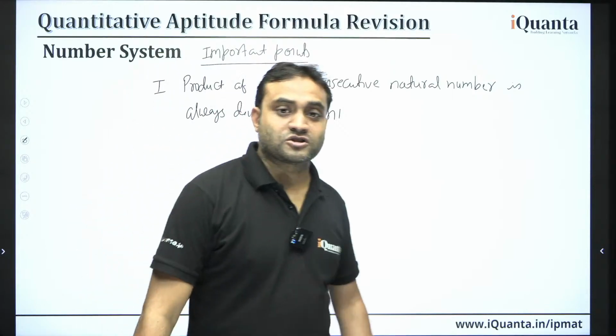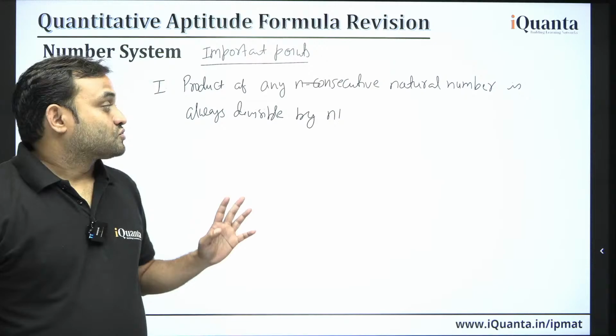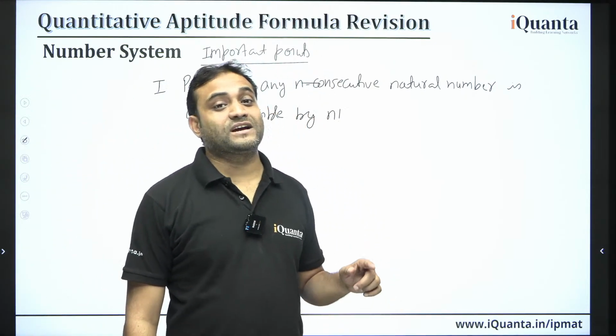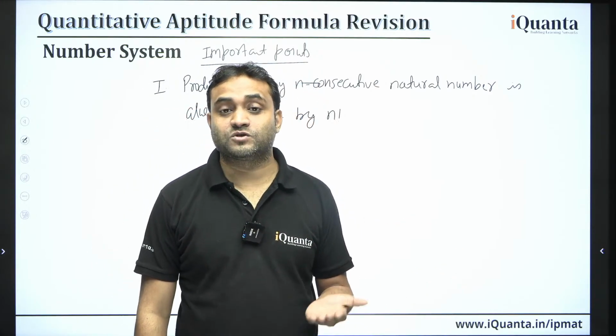If you take the product of three consecutive numbers, it will always be divisible by 3 factorial, which is 6. If you take the product of 5 consecutive numbers, it will always be divisible by 5 factorial, which is 120.